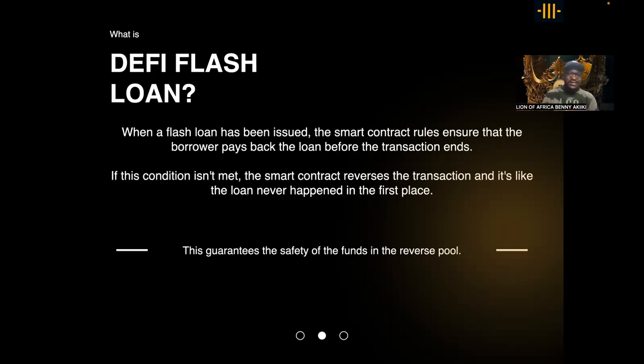Now, this guarantees the safety of the funds in the reserve pool. My friends were asking me, how safe are these people giving us their money? What if we run away with it? Somebody saying, what if we run away with this money? How do I give you just $10,000 and you give me $3 million?